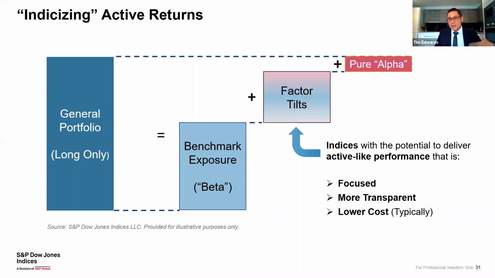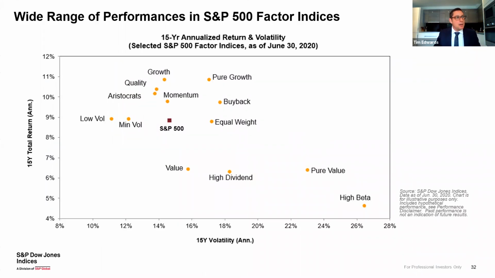Just a few more comments on factor indices, and then we'll wrap up. So we have in the US, in S&P DJI, now got really quite a wide range of these so-called factor indices. The presentation is available for download if you want to look at these a little bit more closely.